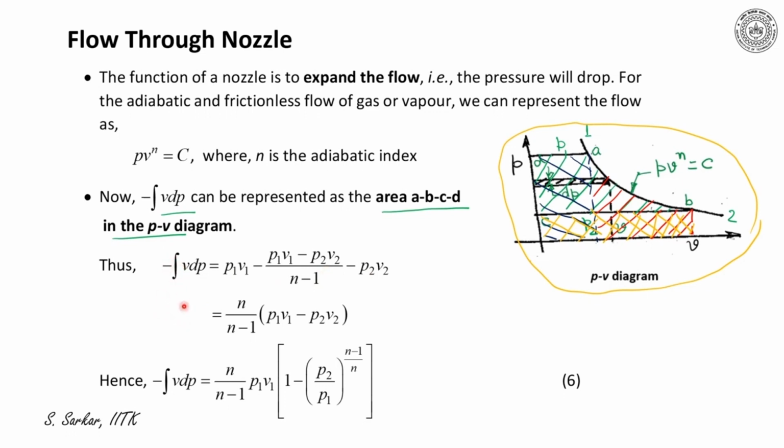So minus integral V into dP would be n divided by n minus 1 within bracket P1 V1 minus P2 V2, which would be equal to n divided by n minus 1 P1 V1 within the bracket 1 minus (P2 by P1) to the power (n minus 1) by n, which is represented by equation 6.